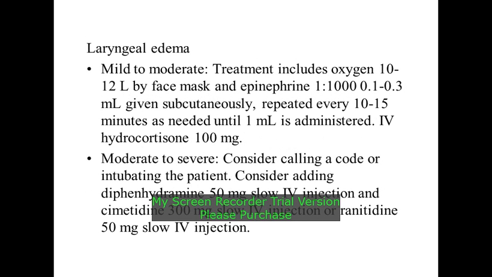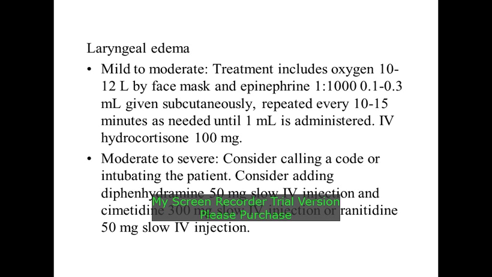Laryngeal edema, mild to moderate. Treatment includes oxygen 10 to 12 liters by face mask and epinephrine 1:1000, 0.1 to 0.3 milliliter given subcutaneously, repeated every 10 to 15 minutes as needed until 1 milliliter is administered. IV hydrocortisone 100 mg.